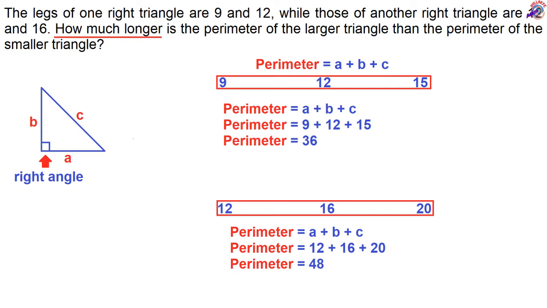So we subtract the two given quantities, the two given measures. Here we have the two given perimeters, 36 and 48. If we subtract them, we have 48 minus 36, so we will get 12 as our answer.